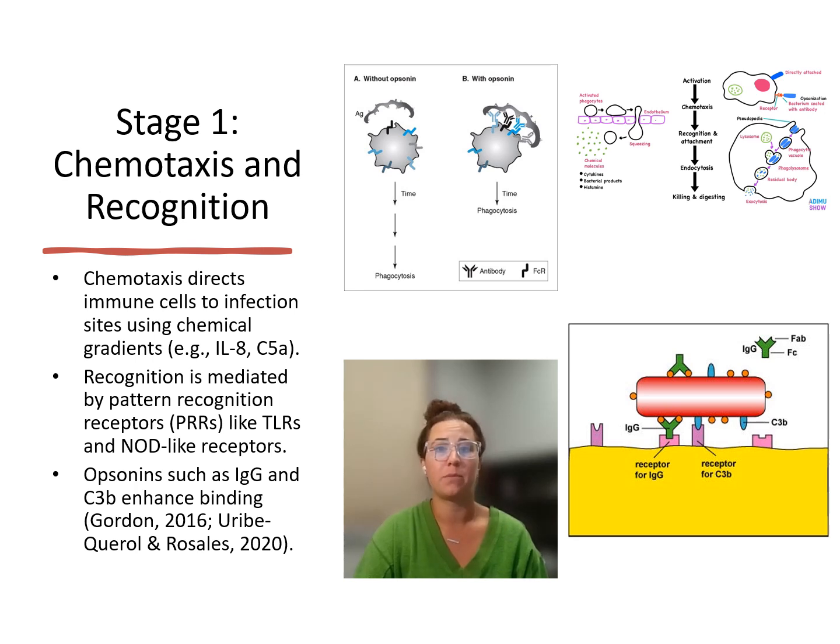If the microbe has been marked for destruction by the immune system, it's often coated with opsonins, or molecules that tag it for identification. Two key opsonins are IgG and C3b. IgG is an antibody, part of the adaptive immune response that specifically binds to antigens on the pathogen surface.